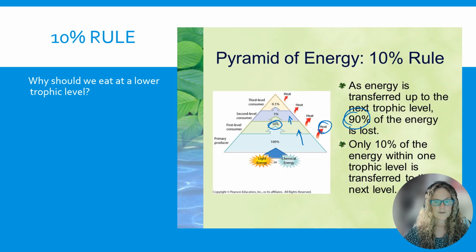So why should we eat at a lower trophic level? We would get higher quality energy. And it would use less resources to eat at a lower trophic level, so it would be more sustainable.